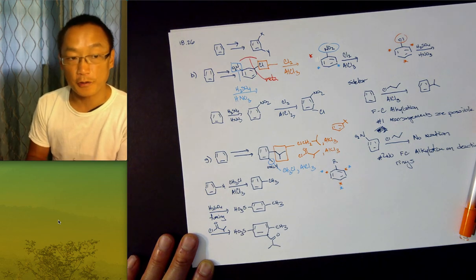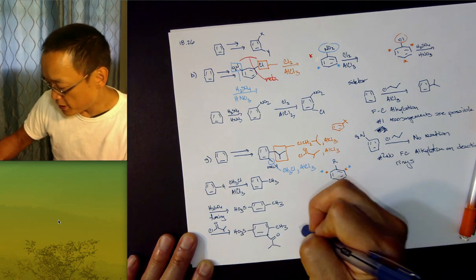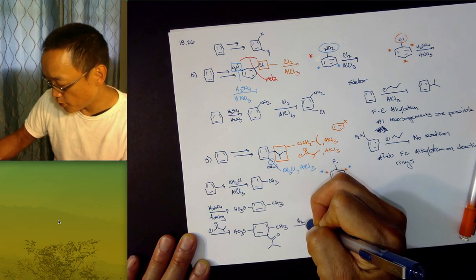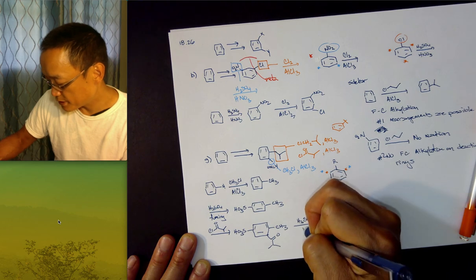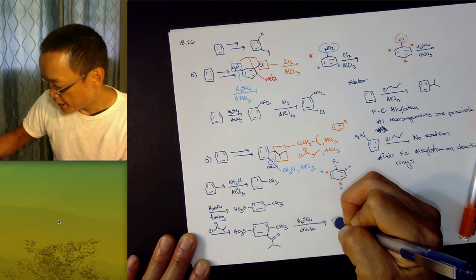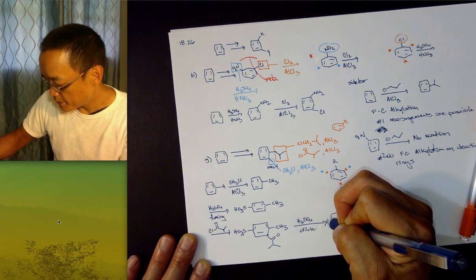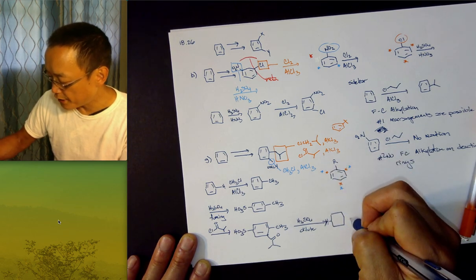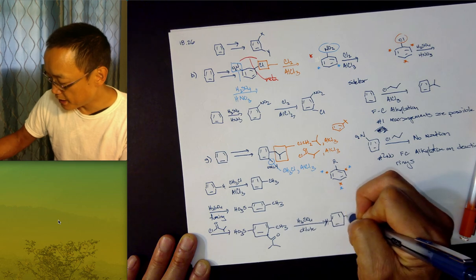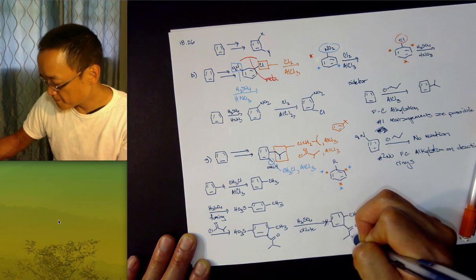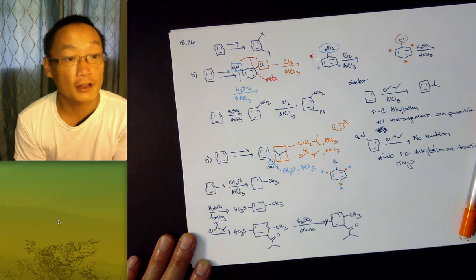And here's where the cool part comes into play. We can take this product and use H2SO4 that is dilute, and that's going to remove that sulfonyl group and place a hydrogen there instead, which makes it look like nothing was ever there.